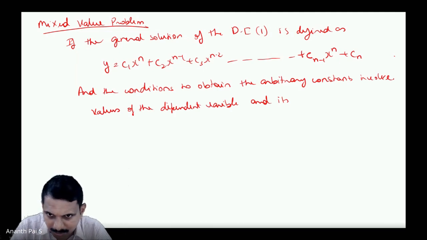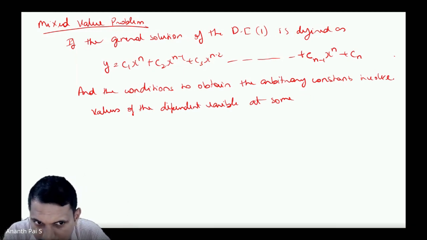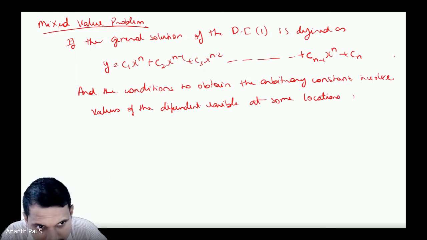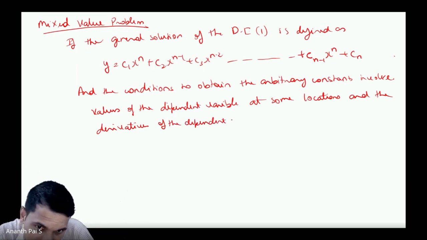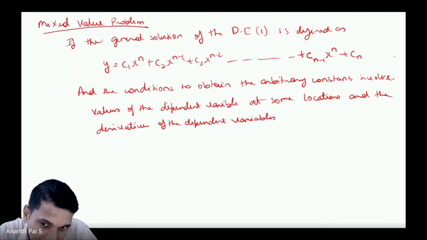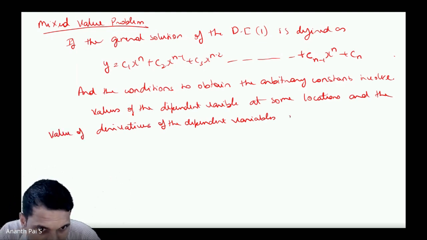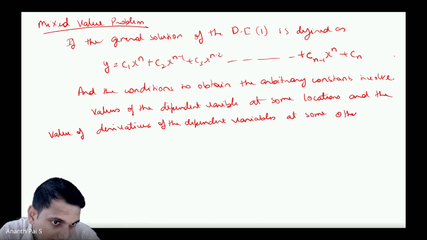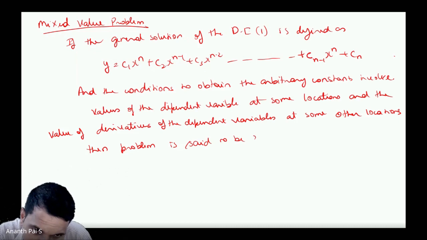The values of the dependent variable at some locations and the value of derivatives of the dependent variable at some other locations, very important, then the problem is said to be a mixed value problem.